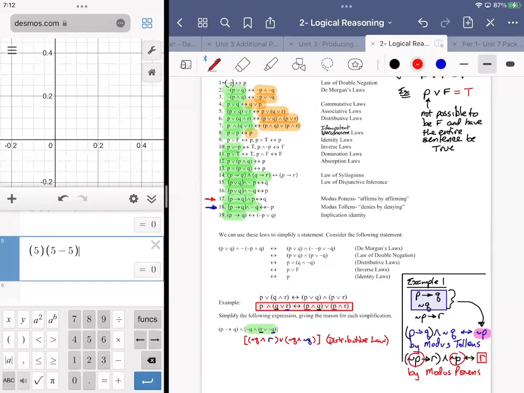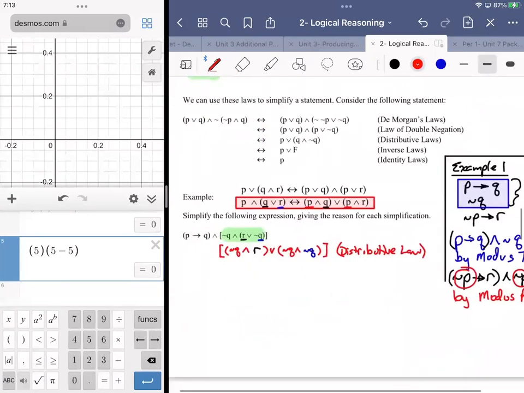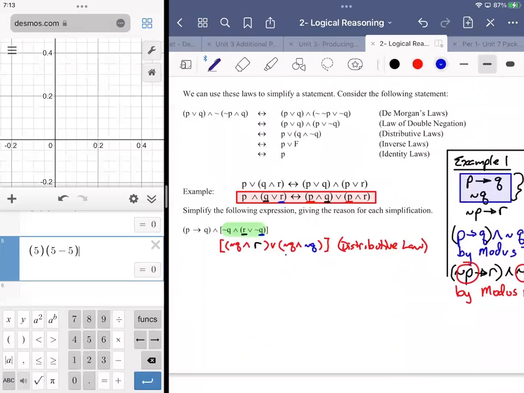It's just a question of what law we have that's going to justify that, right? Sometimes it's just common sense. If I tell you that I am wearing a blue shirt and a blue shirt, then it's pretty clear that I'm wearing a blue shirt, right? So this would just be not Q. So I have not Q and R, or not Q.